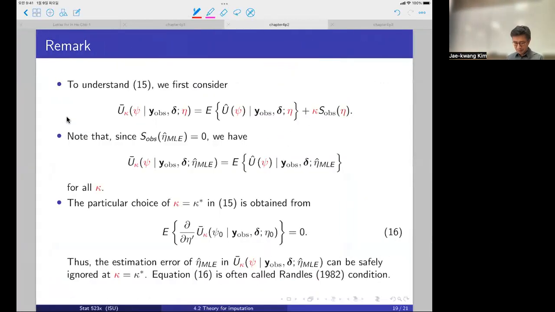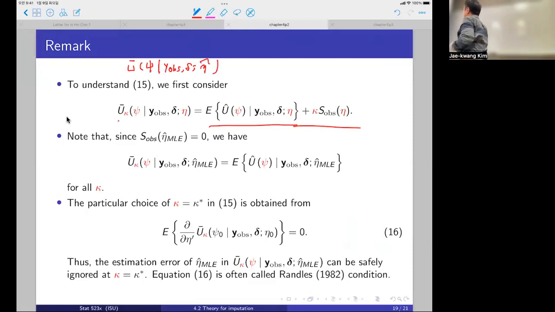Here's the idea. First note that we can express this conditional expectation, and the linearization will take this form, because we linearize with respect to eta hat.